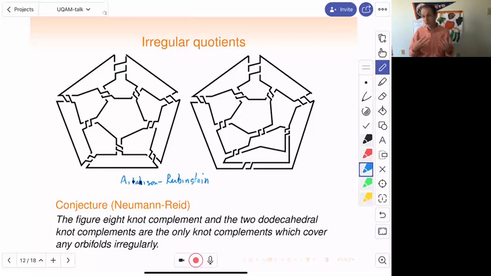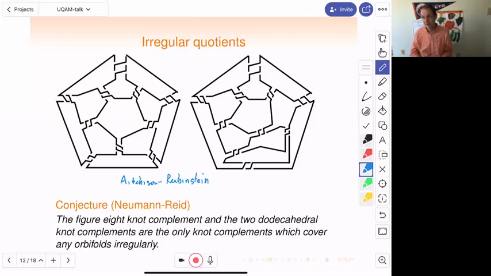In fact, these are the only knot complements that decompose into any number of dodecahedra. And because of the underlying objects that they break up into, we can get a really small quotient. Using the symmetries of the regular ideal dodecahedron, we can get these to irregularly cover some orbifold. So we can get both knot complements to irregularly cover, in fact, the same orbifold.